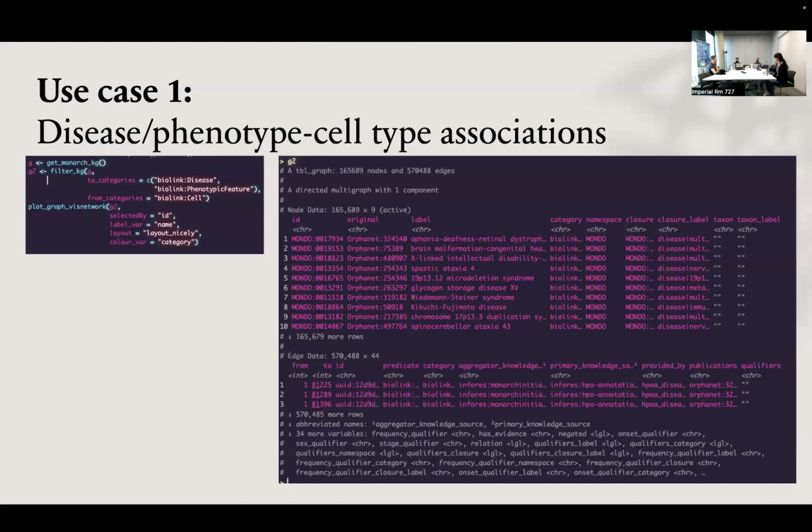So these would be things like some forms of myeloid cancer. They would be associated with myeloid cells, or glioblastoma might be associated with glia or something like that. And there are certain examples of very well established cell types that are known to cause these diseases. Many of them, it's in the name of the disease or the phenotype.